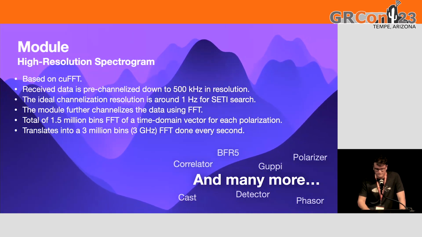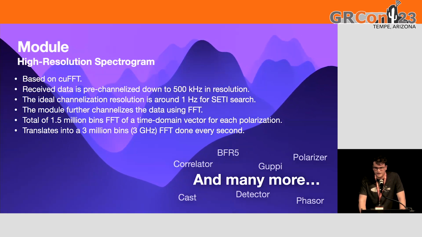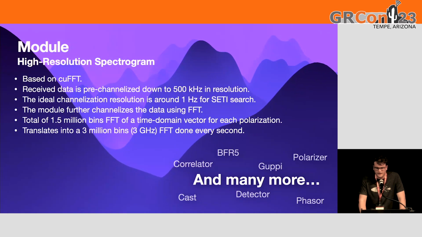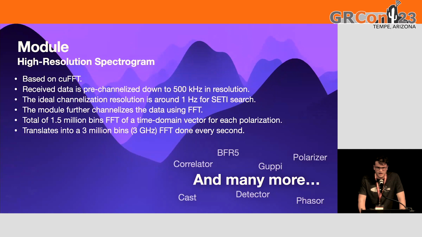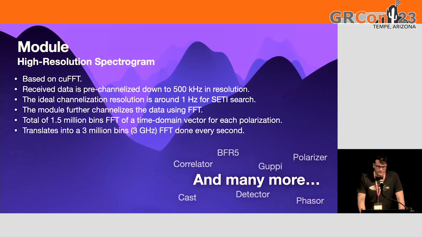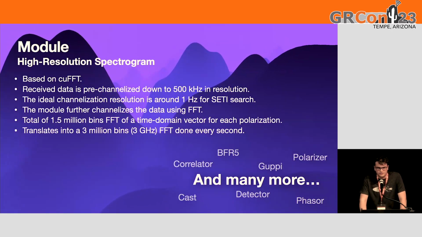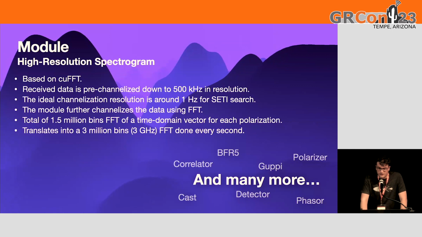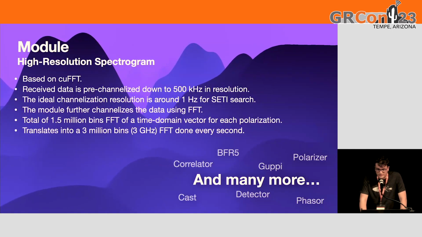What we do here is basically take all the pre-channelized data from the telescope, where each block has 192 frequency channels and 8,000 time samples. So the end result needs to be all frequency domain, so 192 times 8,000. But then you need to do this over 300 seconds of data.